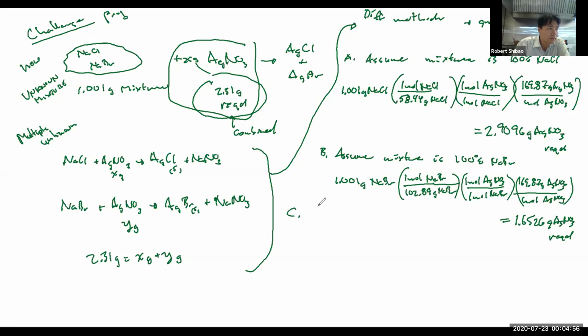So C, we're going to graph the relationship. This is what I call the graphical visual method. We're going to graph it based on percent sodium chloride.